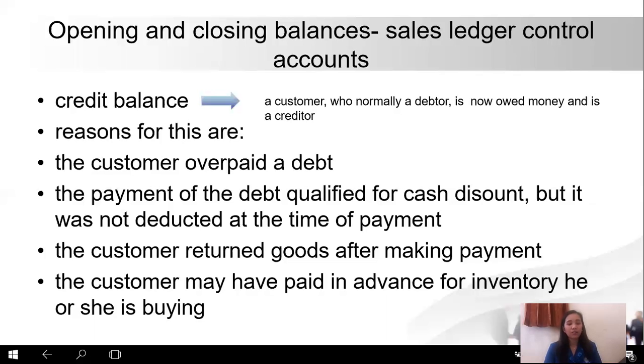Then the customer returns goods after making payment, and the customer may have paid in advance for inventory he or she is buying. So basically, he buys inventory, but he pays in advance. Maybe he or she has too much money. Okay, so that's the reason the sales ledger control account could become a credit balance.